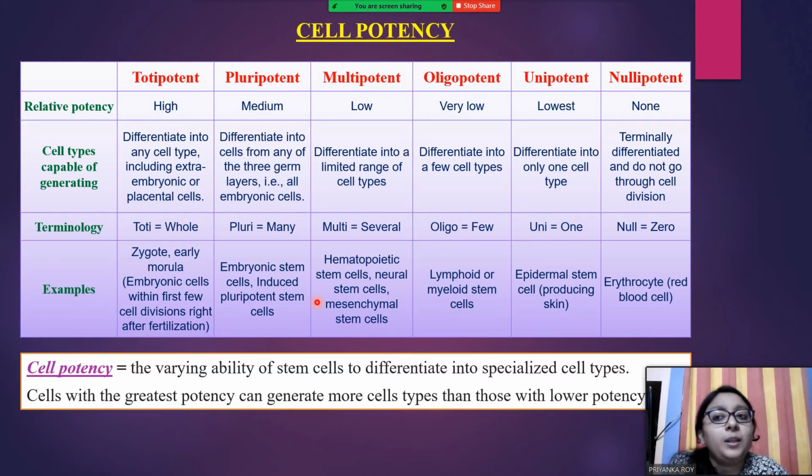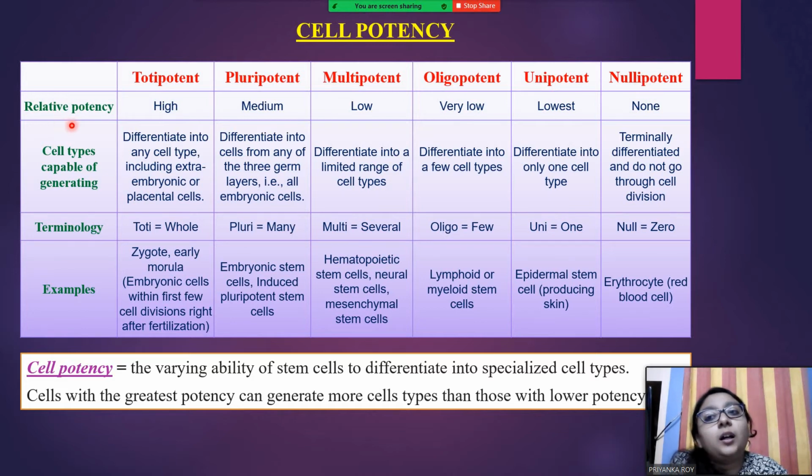So, according to that, potency can be classified into the following three types. Major three types are totipotent, pluripotent and multipotent. And some other terms are there like oligopotent, unipotent, nullipotent, which are not very much used, but still it's better if you know what they mean.